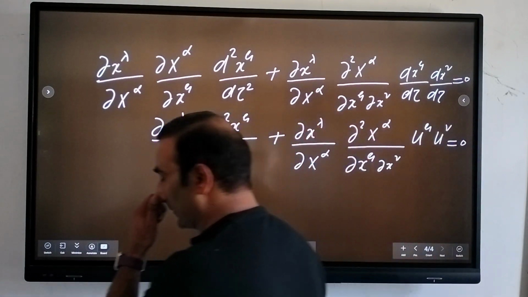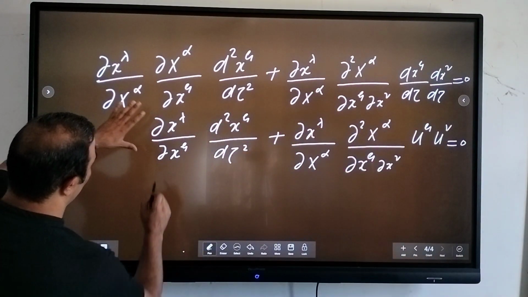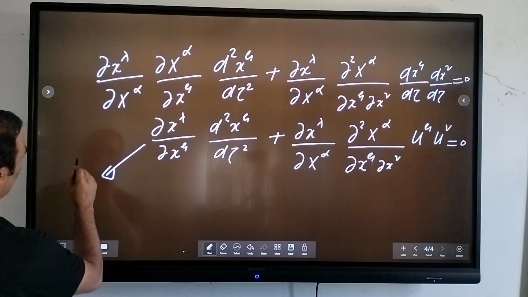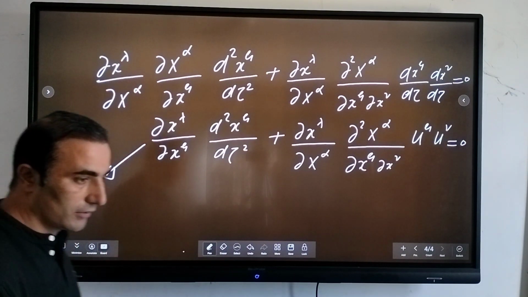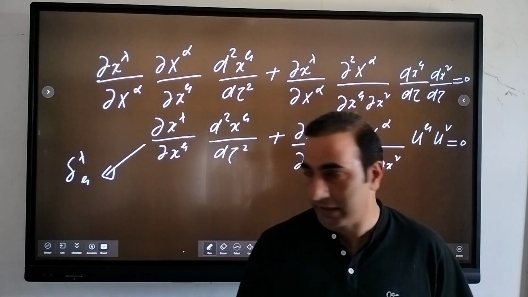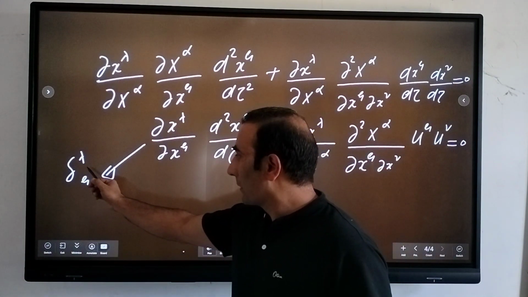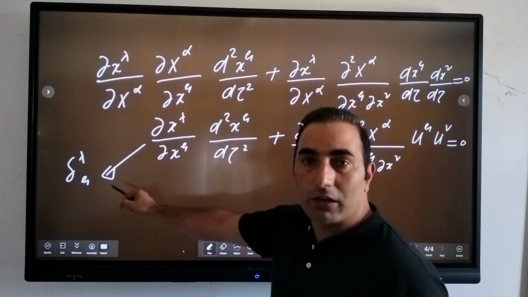That's equal to 0, right? So this is our term. If you remember, this term is basically delta lambda, right? So this is our delta lambda mu, the canonical delta, right? Because lambda equals mu, this should be equal to 1.